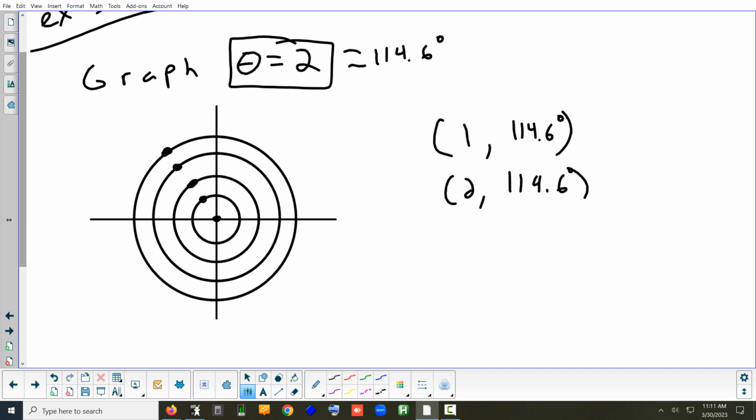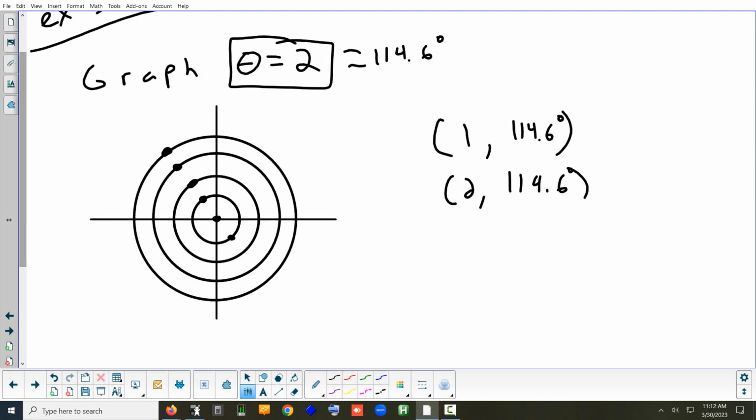And what's another one? -1. So -1, 114.6. Yep, -1, 114.6.